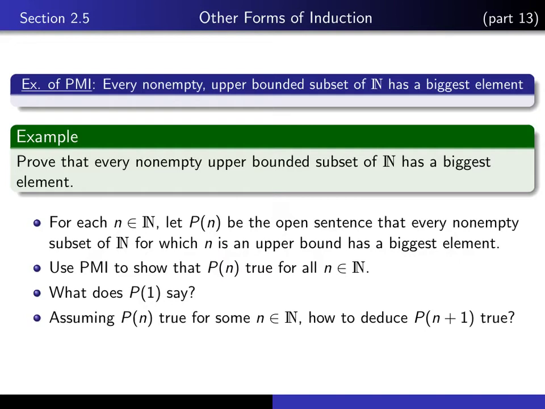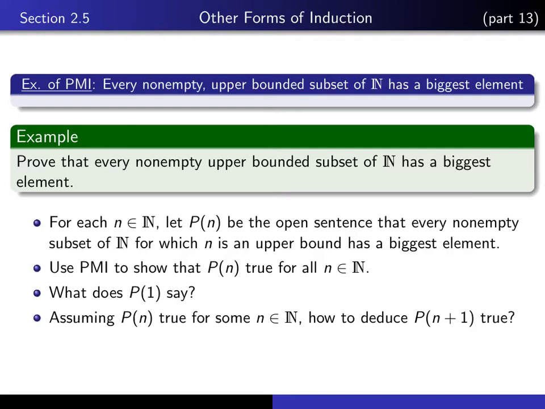So if n+1 is an upper bound for this set, it might be true that actually n is already an upper bound for that set. If n is already an upper bound for that set, then by the inductive hypothesis, that set must have a biggest element.